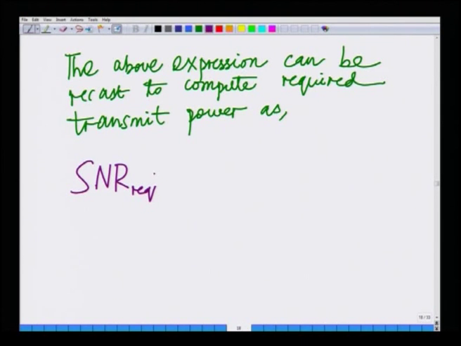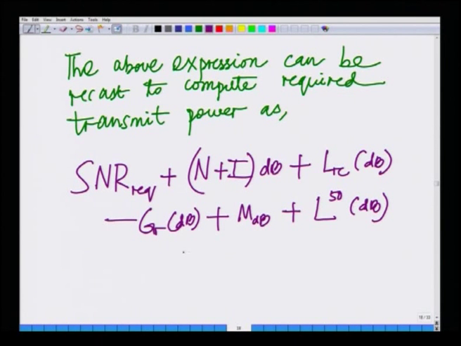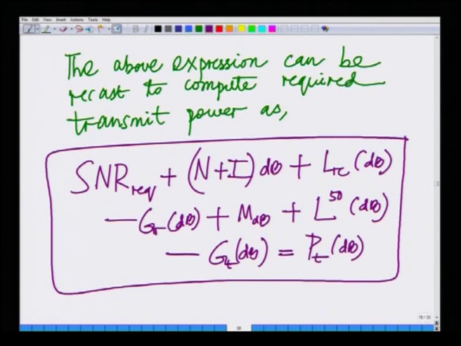Hence, I have SNR required plus N plus I in dB plus LRC in dB minus GR in dB plus M in dB plus L50 in dB minus GT in dB equals the required transmit power PT in dB.